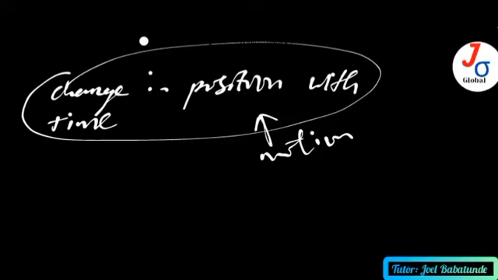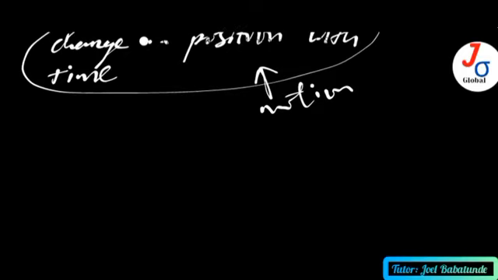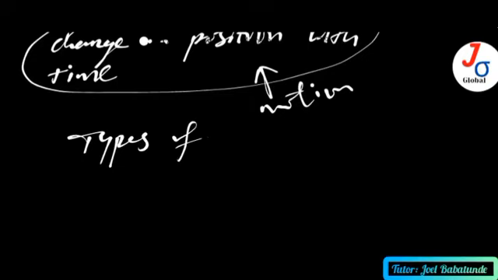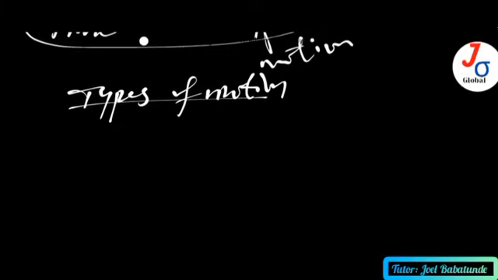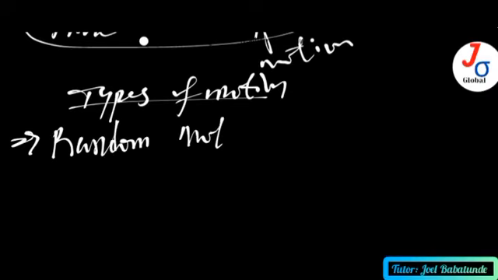And we have different types of motion. So the first type of motion we're going to look at is random motion. So what is random motion?